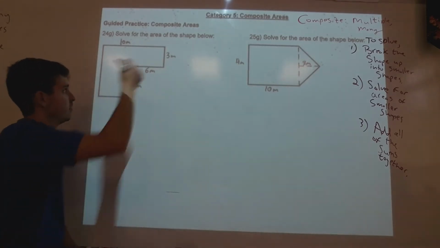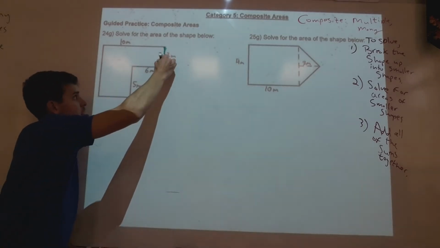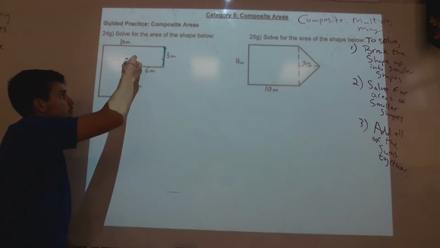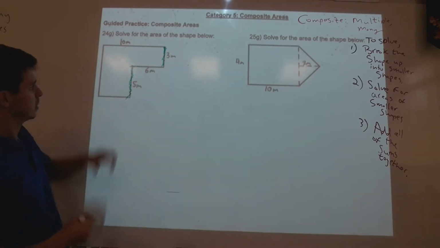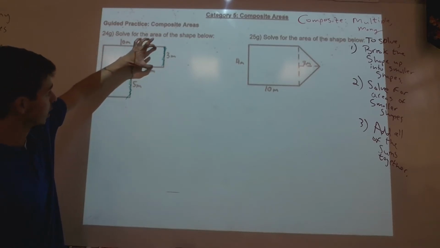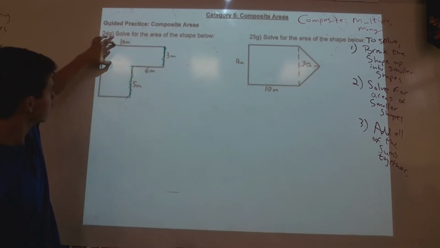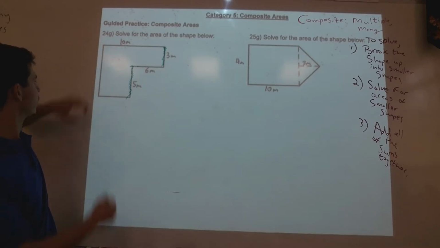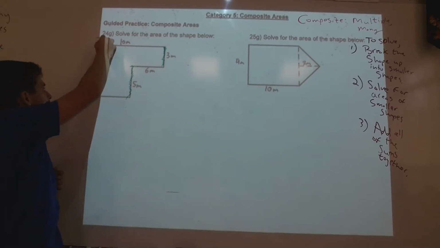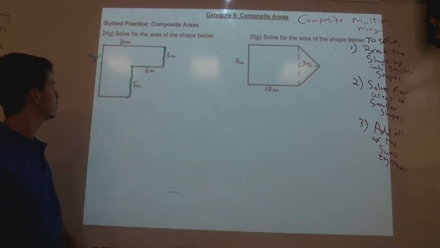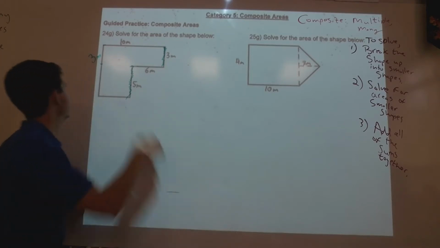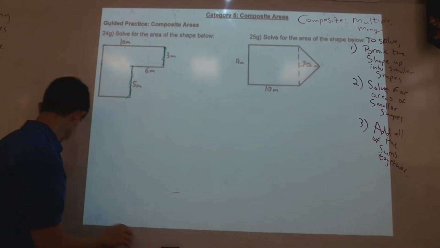Look at this here. If this space right here is 3, and this space right here is 5 meters. So this chunk, if we go directly across the shape, I know that this part right here is going to be 3 meters. I'll write that in brown.